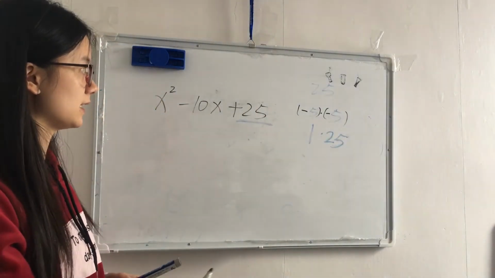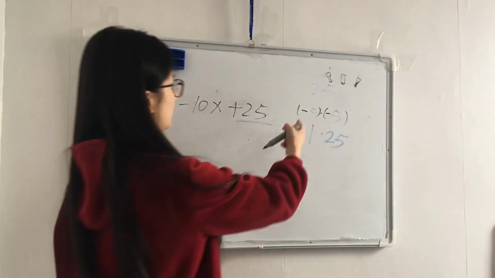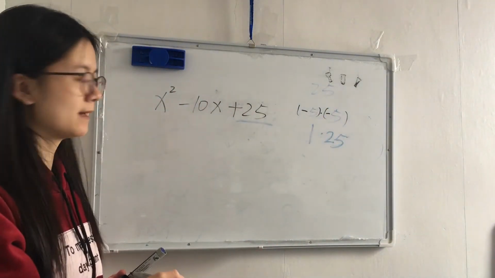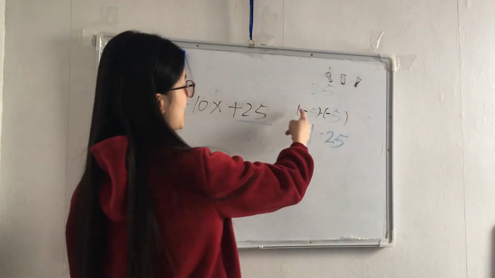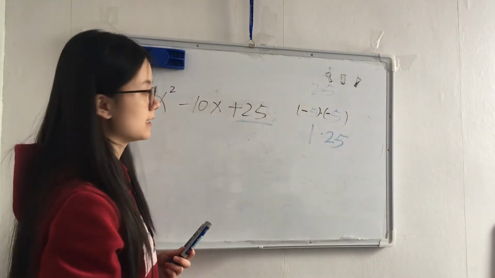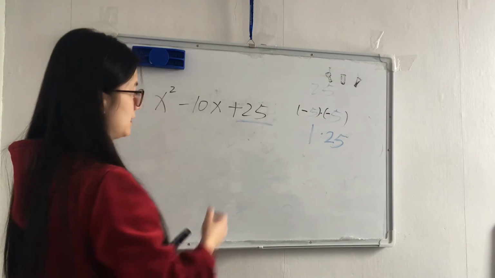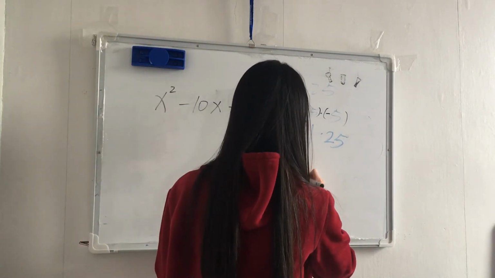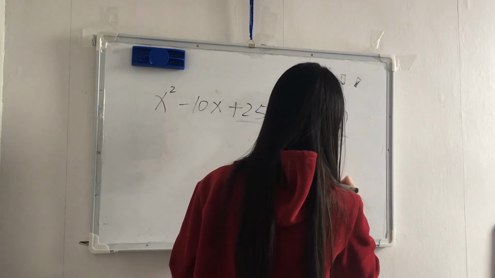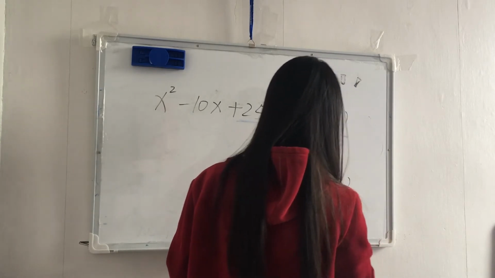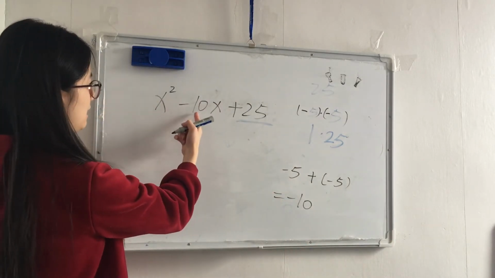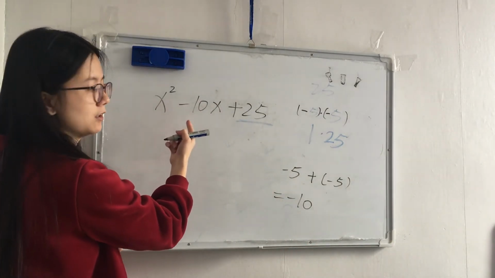Because negative times negative is positive. So negative 5 times negative 5 is 25. Then we think, does negative 5 plus negative 5 give us negative 10? Yes. This is negative 10. That is exactly our b term here.